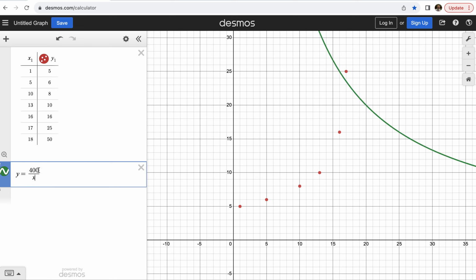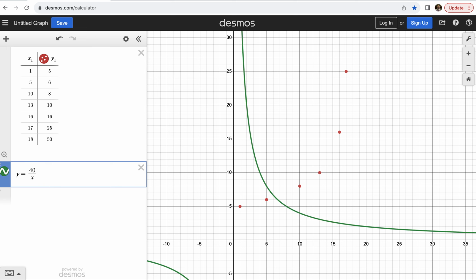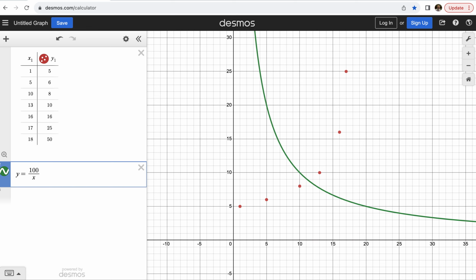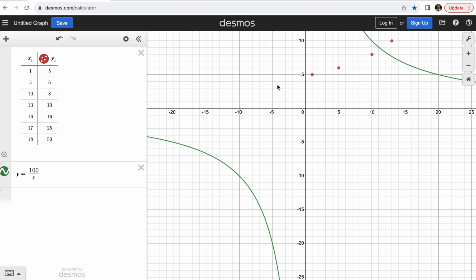And I can change the shape of this by modifying the 400. Maybe it was just 40. And it looks like it's bent more than that. Maybe it's 80 or 100. Let's put 100. So I'm getting kind of this curve, but it's in the wrong direction. I need to flip it. And I can either flip it vertically or horizontally, because there's a piece down here.